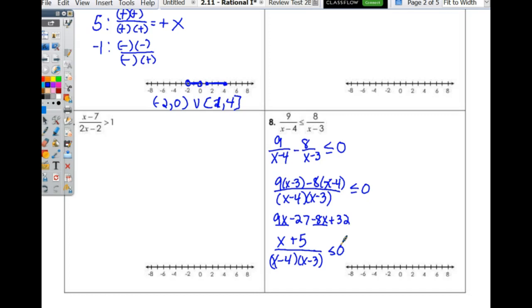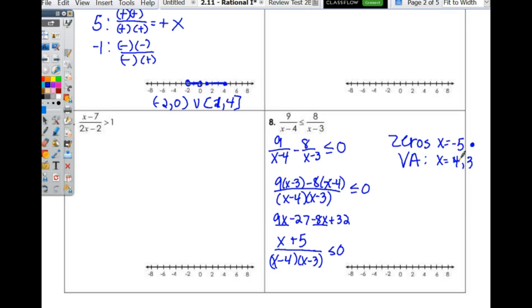So now from here, what are my zeros? X is -5, and does that 0 get an open or a closed circle? Closed. And what are my vertical asymptotes? So 4 and 3.